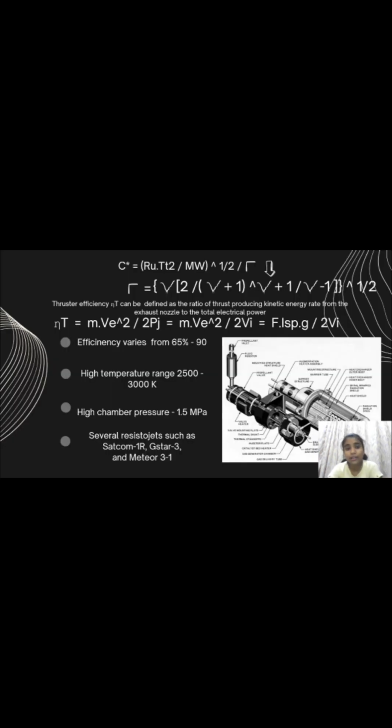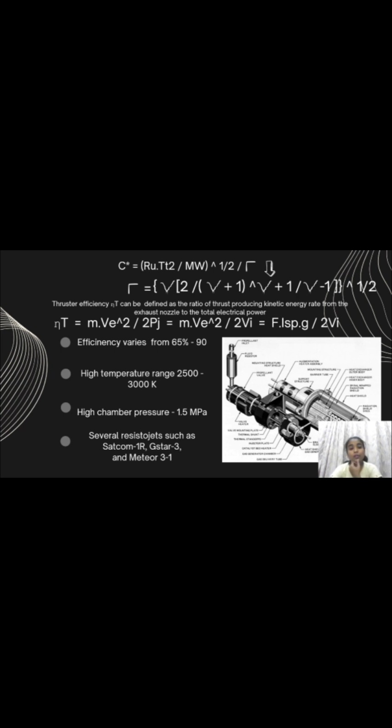Now you can see the thrust equation, or efficiency of thrust, here. The equation provides the thrust efficiency, denoted by eta T, of the rocket propulsion system. Let's break down these equations. Eta T is the efficiency of the propulsion system. M is the mass flow rate of the propellant, how much propellant is used in a unit time.